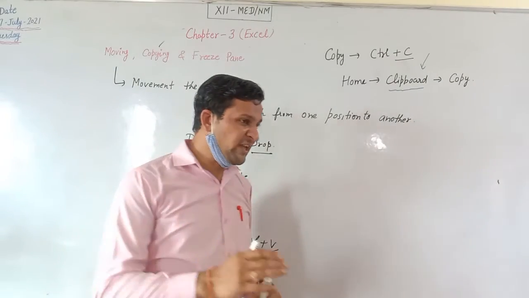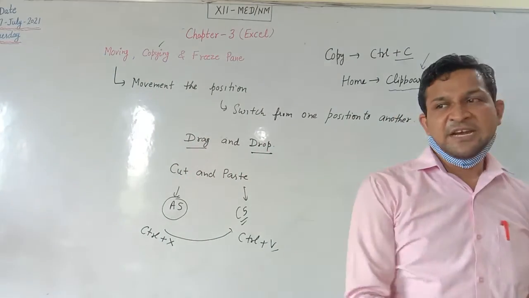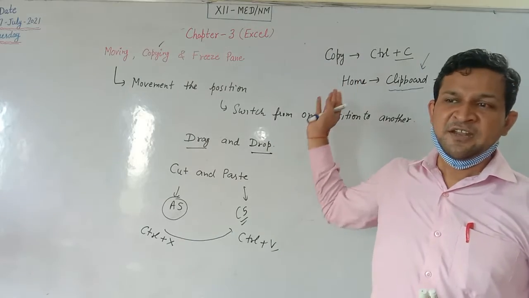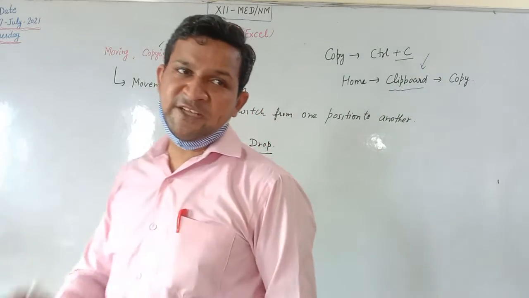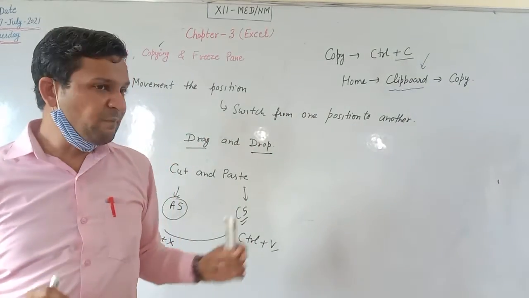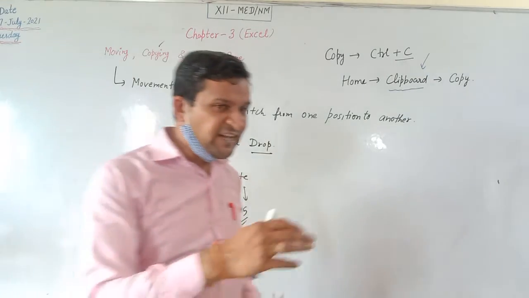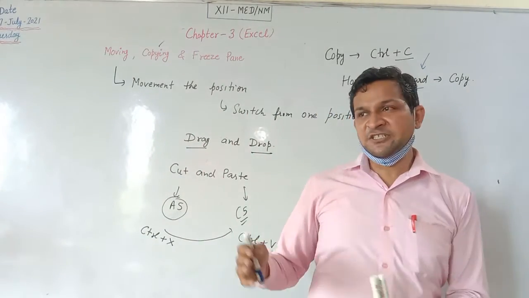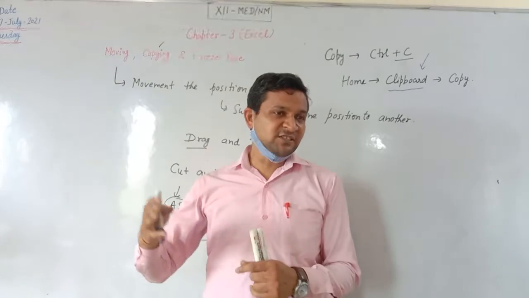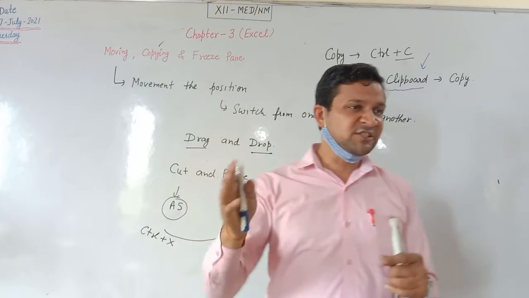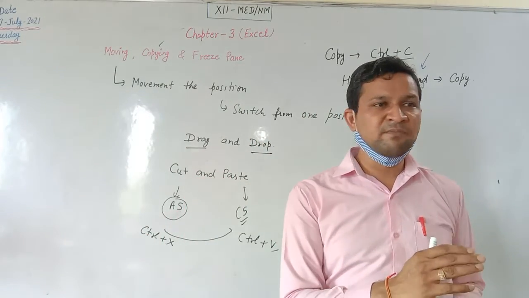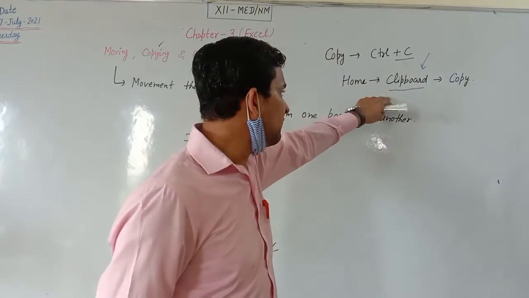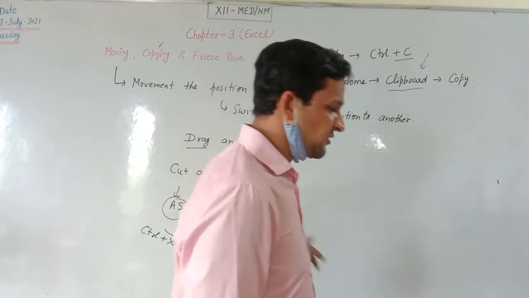It is not for a single time; even if you paste 50 times, it will provide the same data again and again until you free the clipboard memory. It will be present in the memory. If there is more data in clipboard memory, then it will start overwriting. Previous data will start deleting and next data will start updating in the clipboard memory. This is the concept of the clipboard for copy and cut operations.